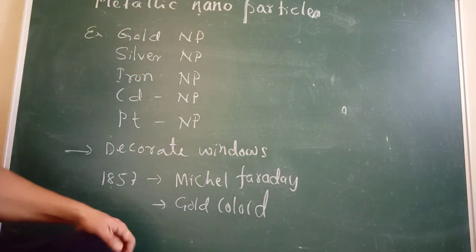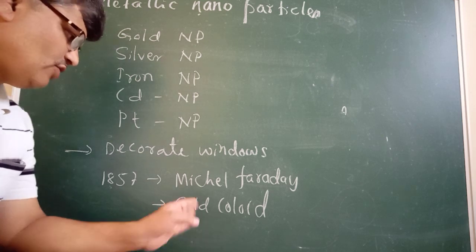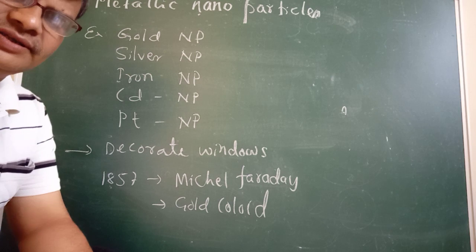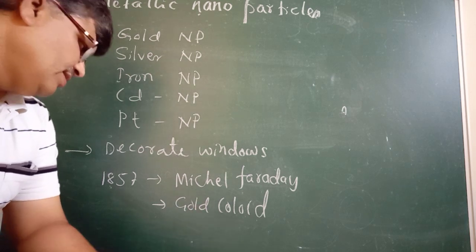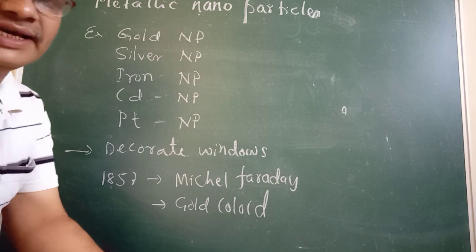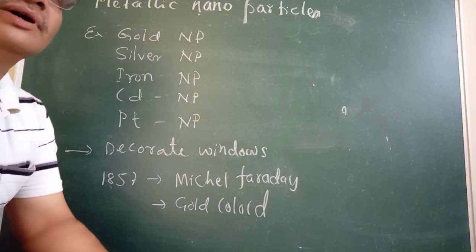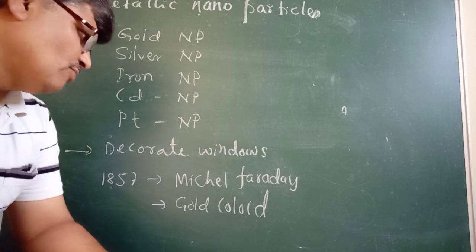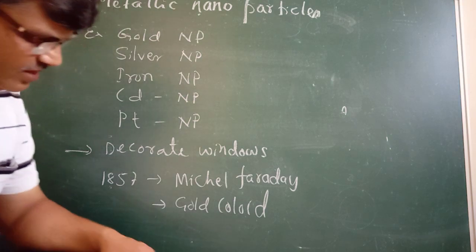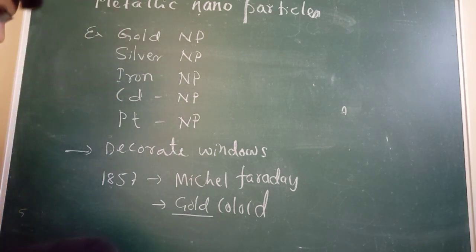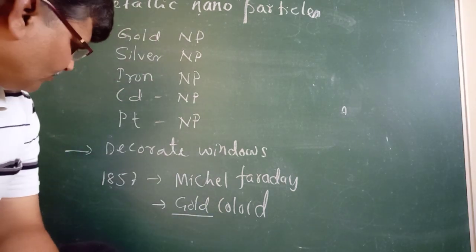Colloid means nano powder suspended in a solvent. The solvent may be water or ethyl alcohol. The gold molecules are suspended. Actually, the gold used in that is gold nanoparticles.